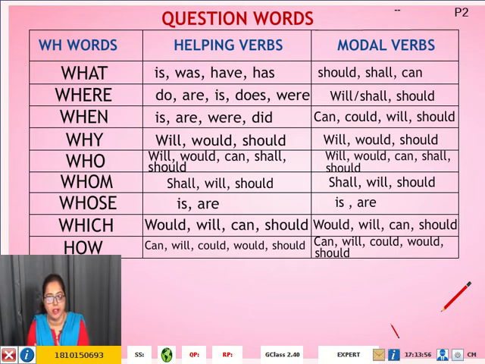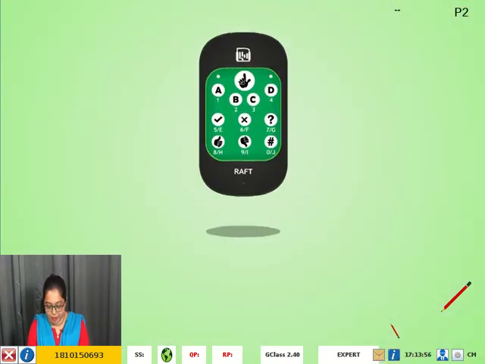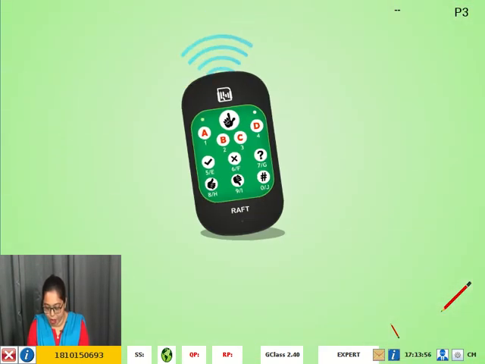The helping verb and modal verb are the same. You need not change them with these WH words. So I hope this entire table, WH words, helping verbs and modal verbs, is clear to all of you, right? Okay, very good. Now let's see what's coming up on the screen.